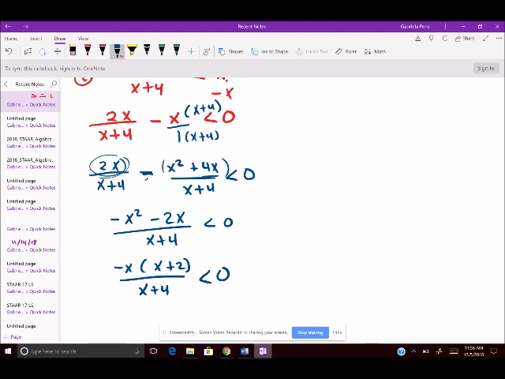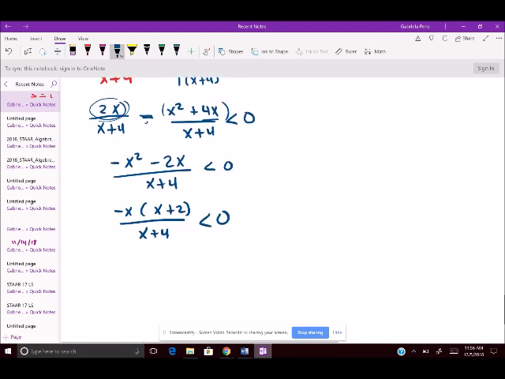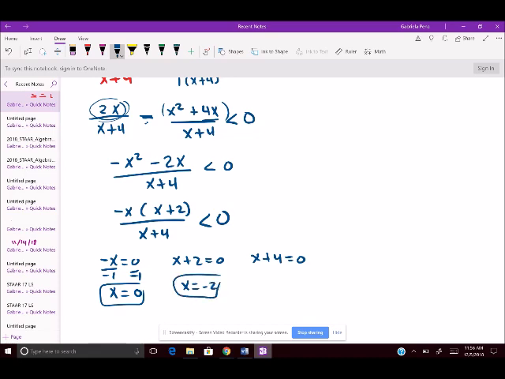How many things do you have? 3. We have negative x equals 0, x plus 2 equals 0, and x plus 4 equals 0. So we divide by negative 1, but this is still going to be 0. This becomes a negative 2, and this becomes a negative 4.